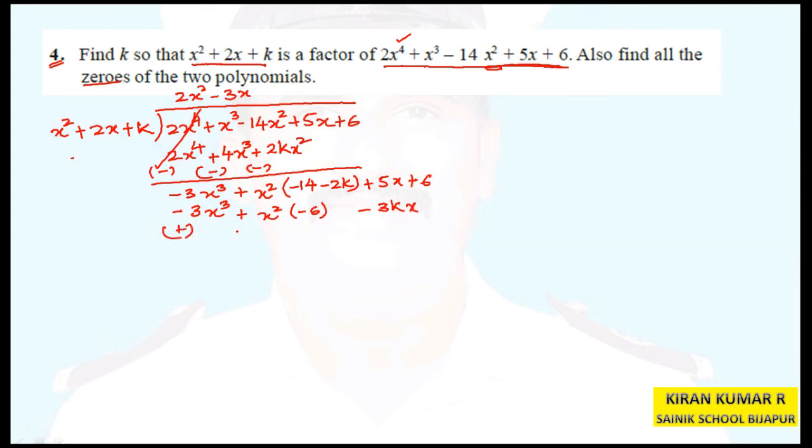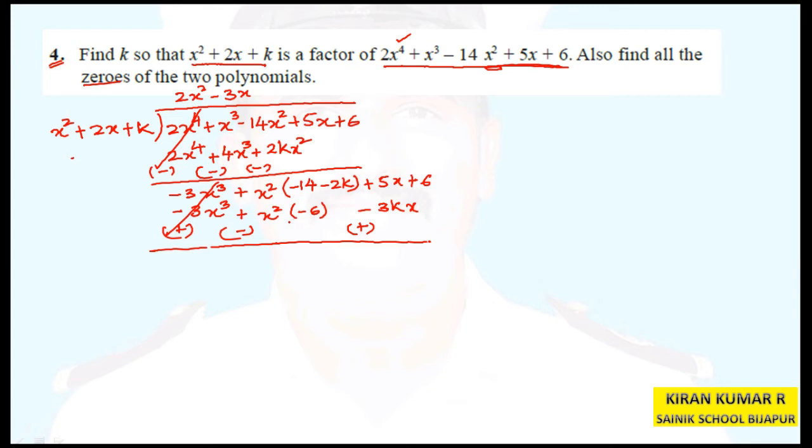Now 3x multiplied to k will be minus 3k times x. Once again change the sign. If you change the sign, the first term will get cancelled. Now simplify further.